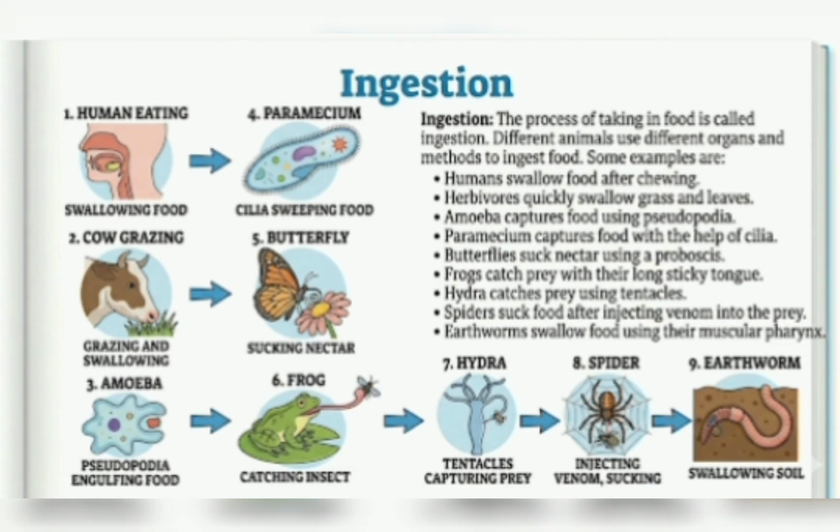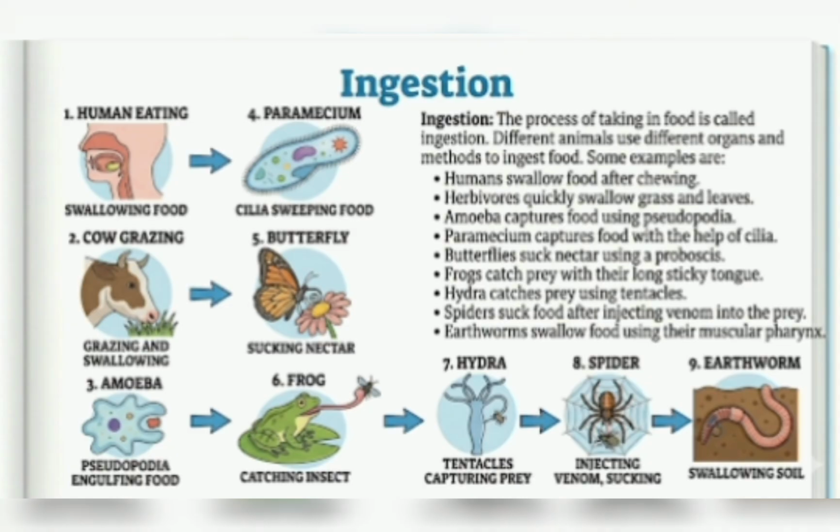Different animals use different organs and methods to ingest food. Some examples are: humans swallow food after chewing it, and herbivores quickly swallow grass and leaves. Amoeba is a small organism which captures food using pseudopodia.